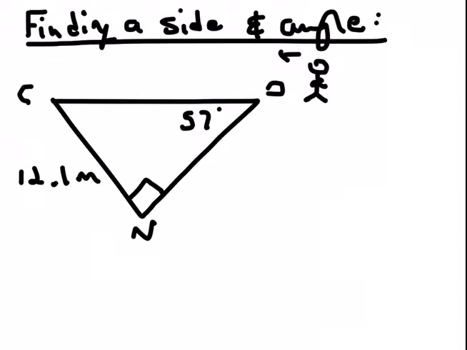So remember, previously we said when you are given a right-angled triangle, if you are looking for a side, you need to use the theorem of Pythagoras. But in this case, you cannot use the theorem of Pythagoras because you do not have two sides. The theorem of Pythagoras will apply if you have two sides and you are looking for another side.